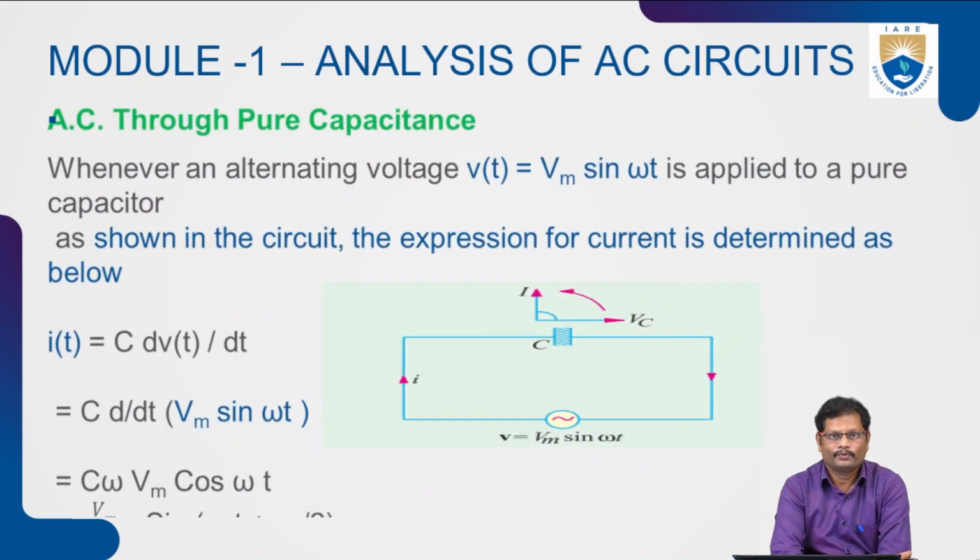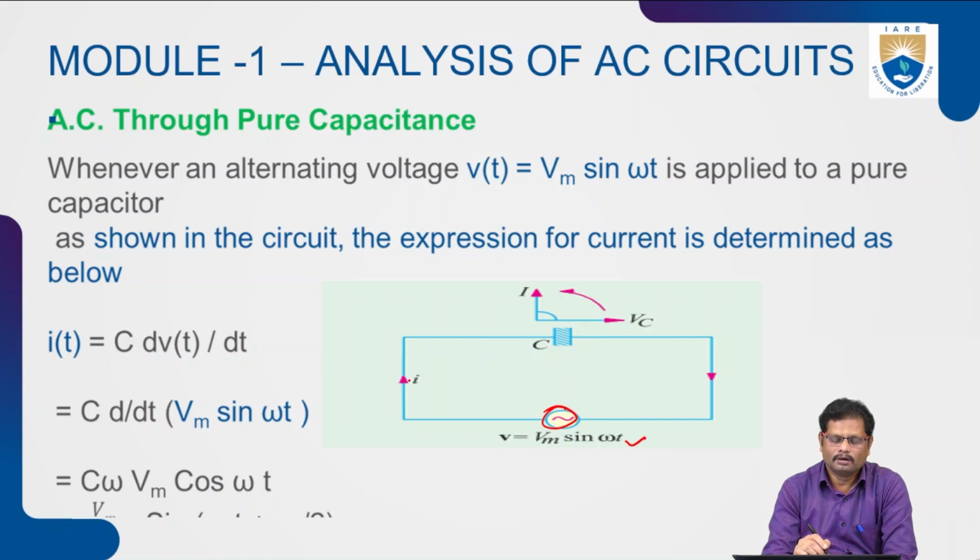Now, AC through a pure capacitor. Whenever an alternating voltage is given to a pure capacitor circuit, we will see the behavior of the current and voltage in the capacitor circuit. So here V of t is applied, an alternating voltage, Vm sin omega t.